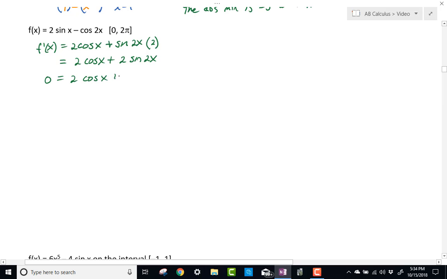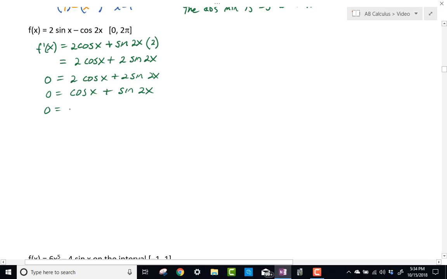2 cosine x plus 2 sine 2x. I'm going to go ahead and divide by 2 on both sides, so that's going to be 0 equals cosine x plus sine 2x. Now, I got a sine and a cosine in here, and I can't swap one out for the other, but what I can do is replace sine of 2x with its trigonometric identity.